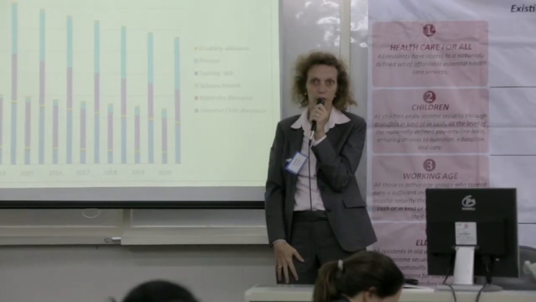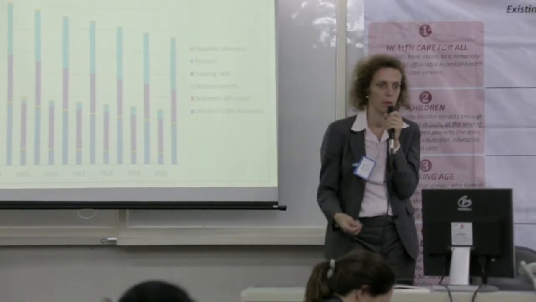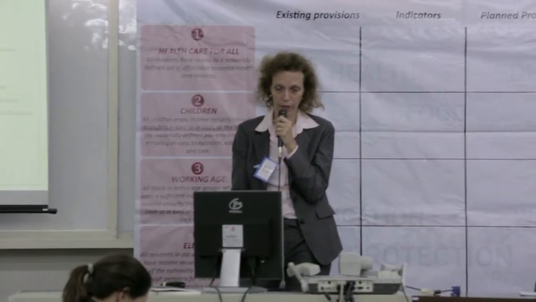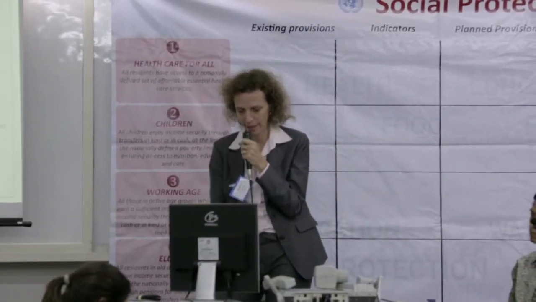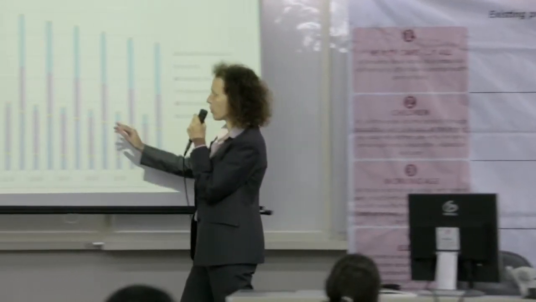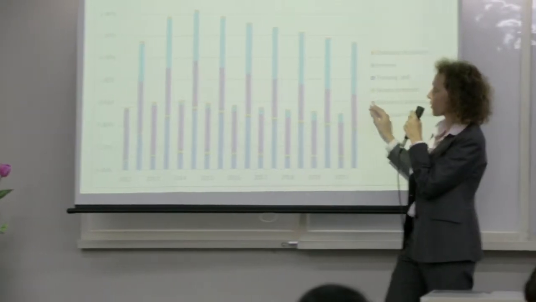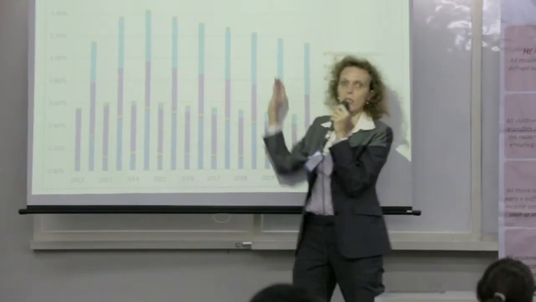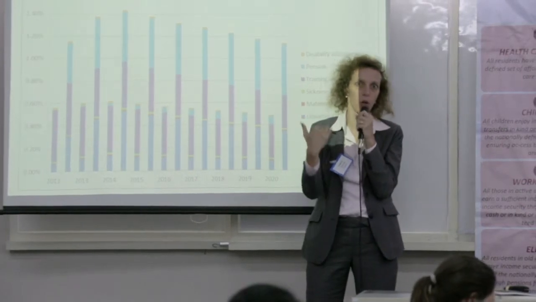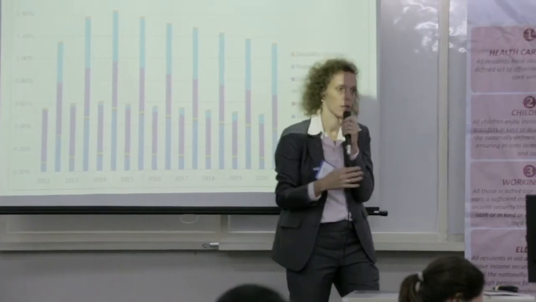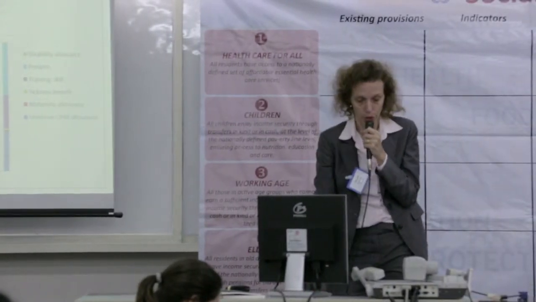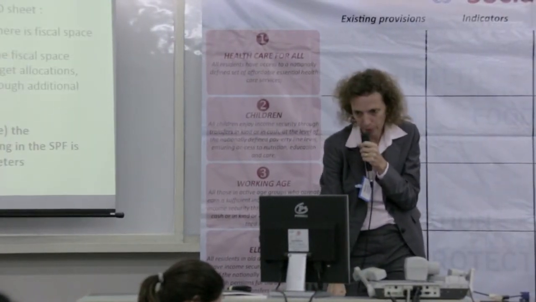We didn't cost healthcare because in Thailand we assume, and this came from the recommendations, that universal healthcare is already more or less achieved. And you have two graphs here. You have one which is quite low and one which is higher, because we costed different levels of benefit packages, with a low assumption and a high assumption, just to give some options to the government. Okay?